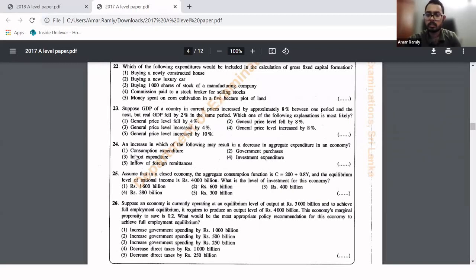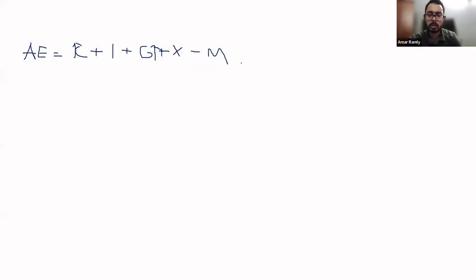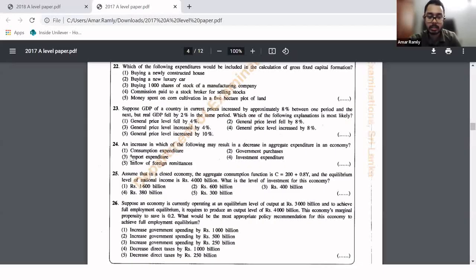There's a minus sign here, so the higher this is, the lower aggregate expenditure is going to be. That fulfills our requirement. So your answer here is going to be 3.